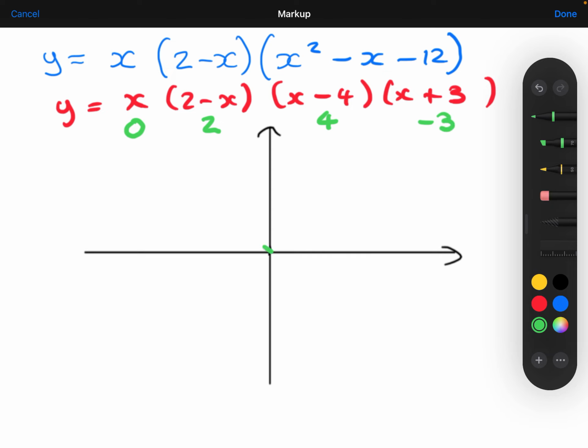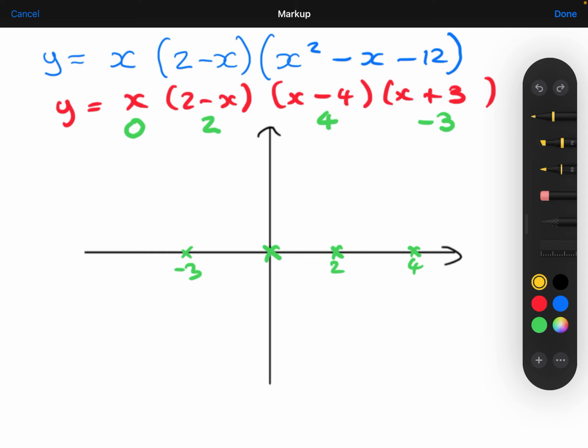So 0, 2 is roughly there, 4 is roughly over here, and -3 is over here roughly. My y-intercept, well, I kind of already know that's going to be going through 0, 0. But we can check that if you like.